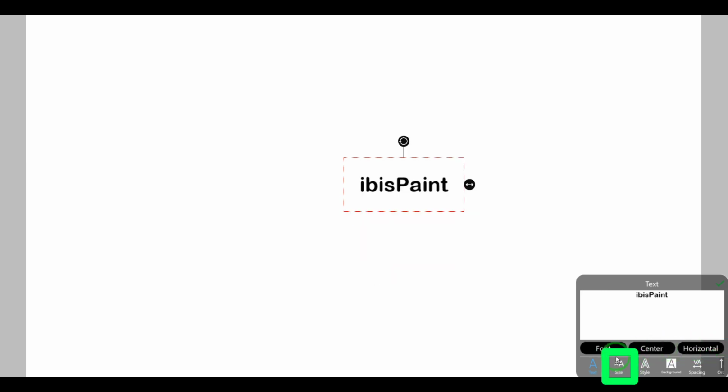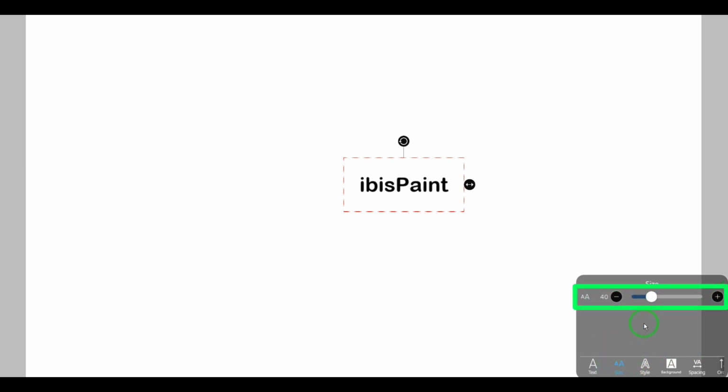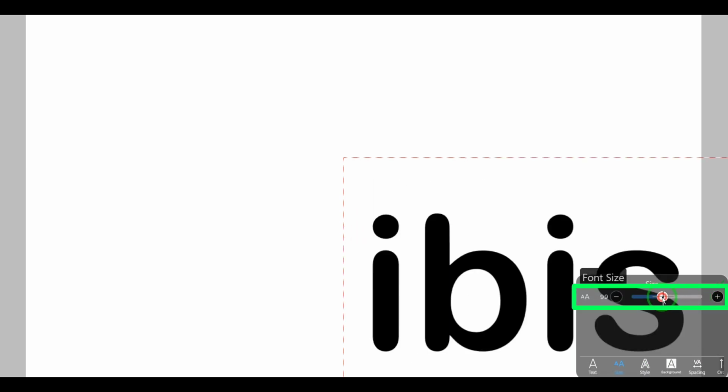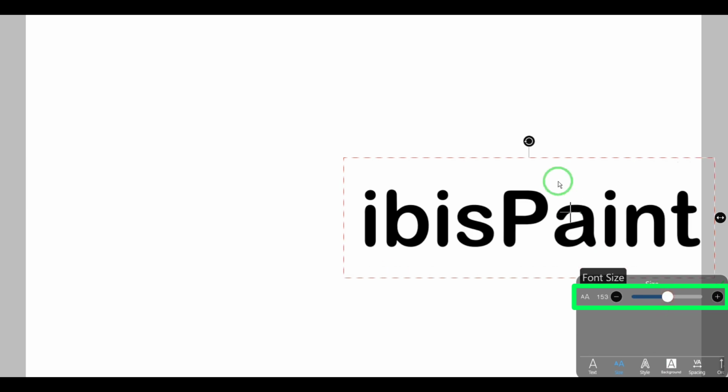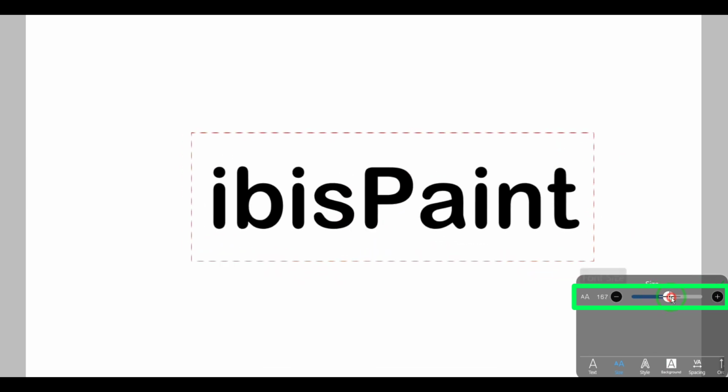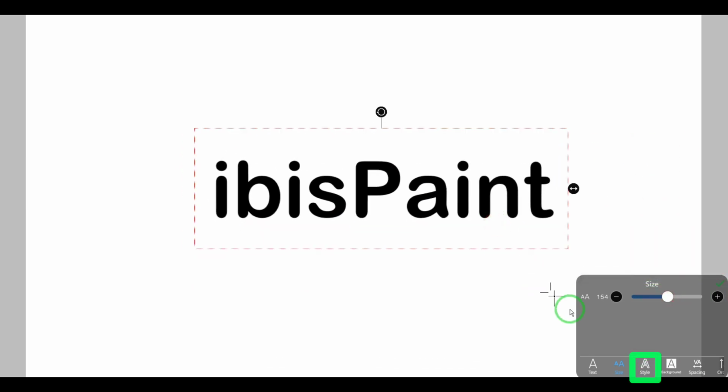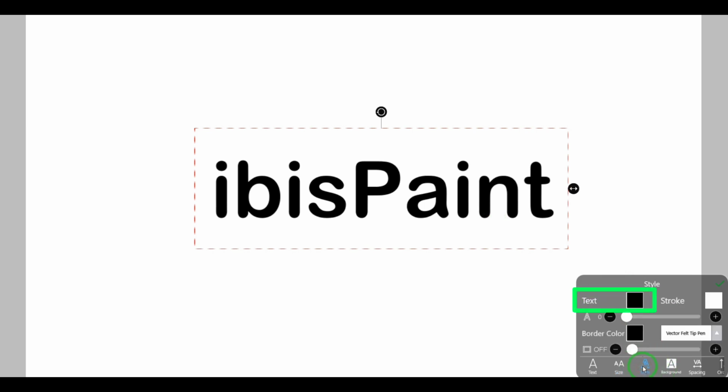Let's tap on the Size option. In Size tab, we can drag the slider left or right to adjust the size. Next, let's tap on the Style option. In a Style tab, we can change the color of the font or a stroke.